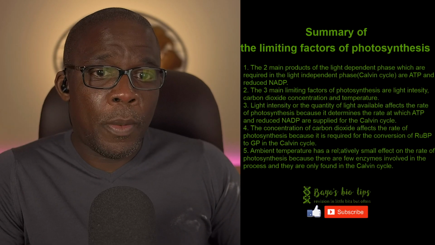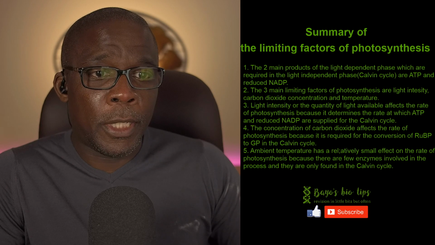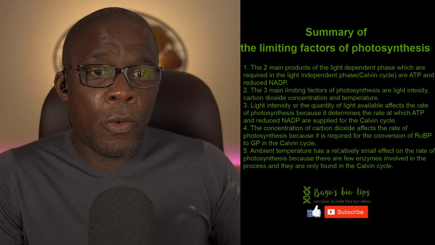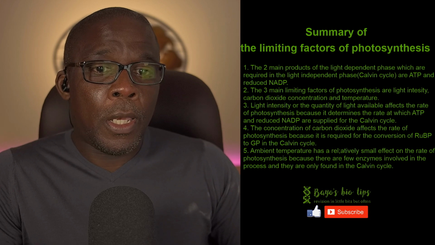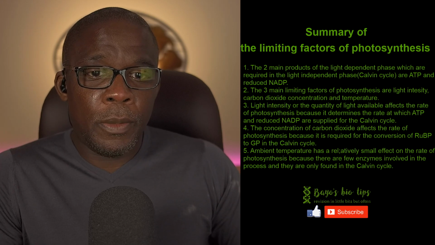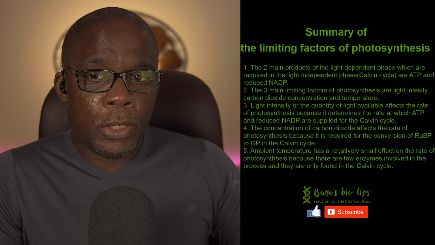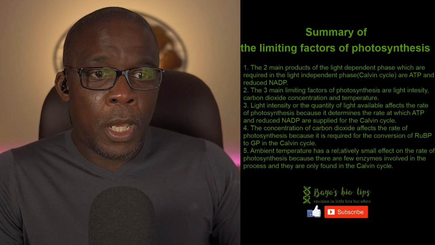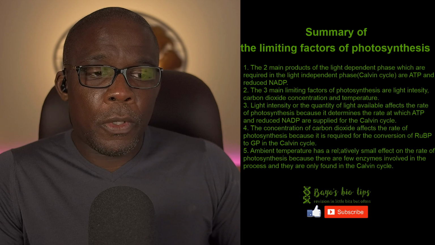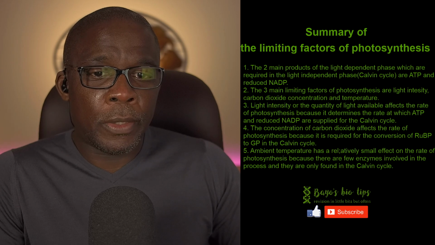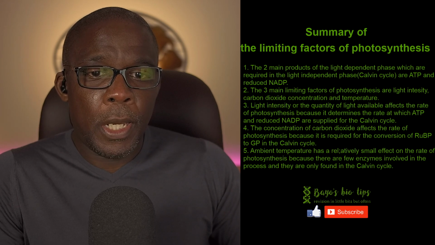So the two main products of the light dependent phase, which are required for the light independent phase or the Calvin cycle, are ATP and reduced NADP. The three main limiting factors that you will need to know for the syllabus are light intensity, concentration of carbon dioxide, and temperature, the ambient temperature, the surrounding temperature of the plant.